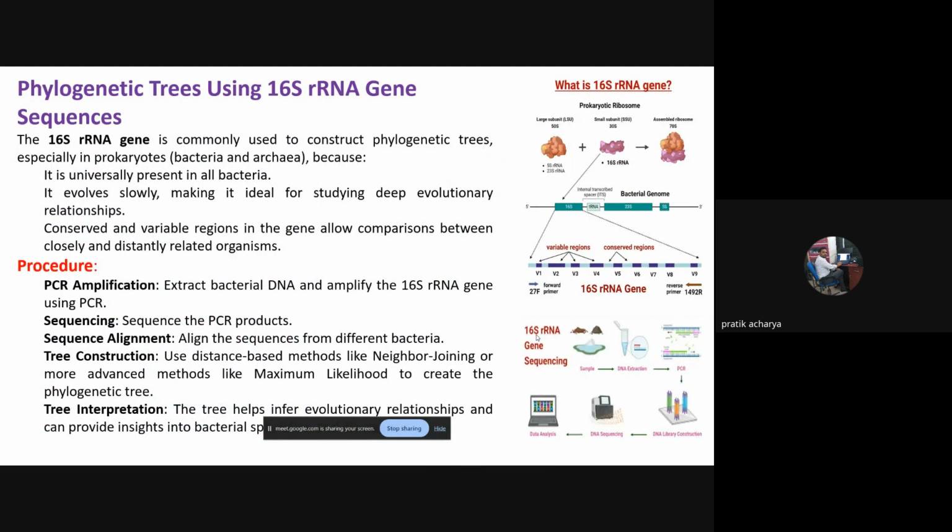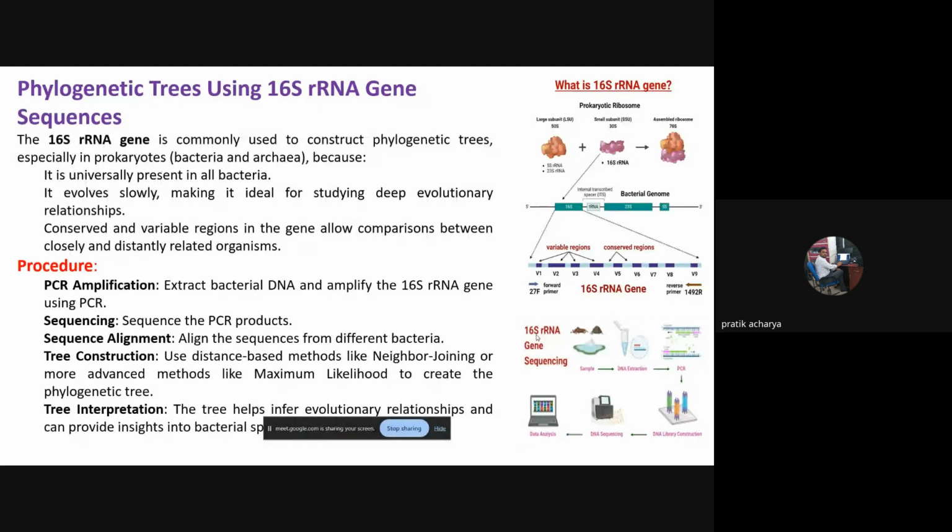Now, we can also make a phylogenetic tree based on 16S rRNA. Ribosomal RNA, some time ago I told you that ribosomal RNA played an important role in evolutionary expression. Where do we get this 16S rRNA?